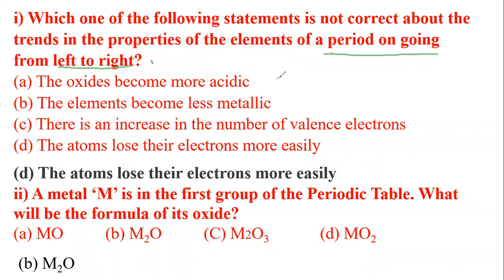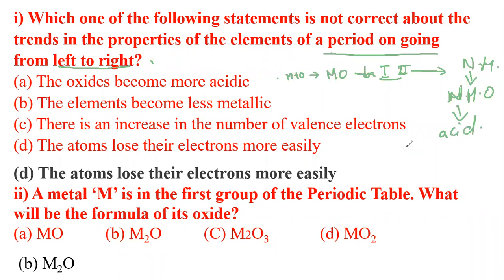Why not? Check. You can think about the formation of oxides. Metal reacts with oxygen to form metal oxides, which are basic in nature. The first group and second group are all metals, and as you go to the right side, all are non-metals. You know that non-metallic oxides are acidic in nature.